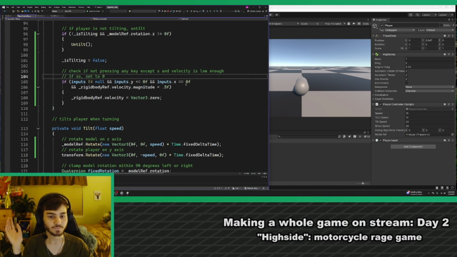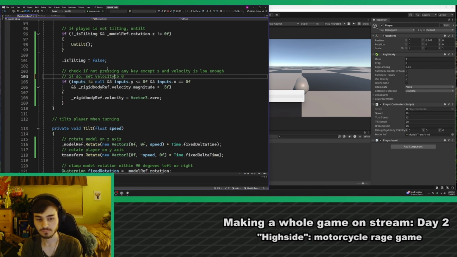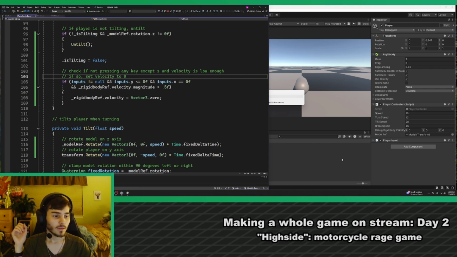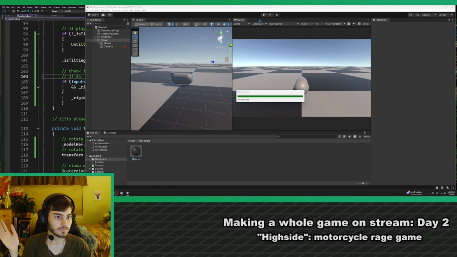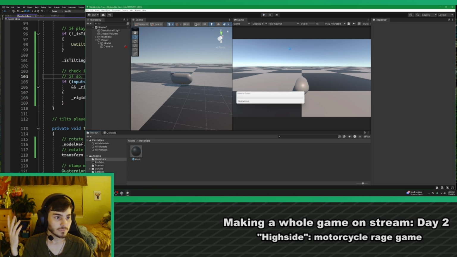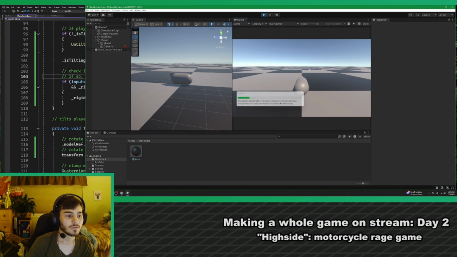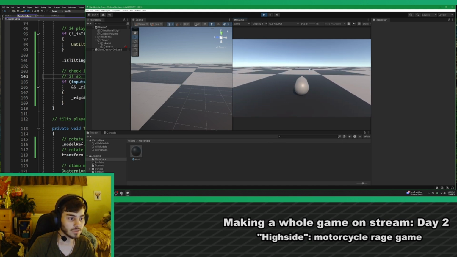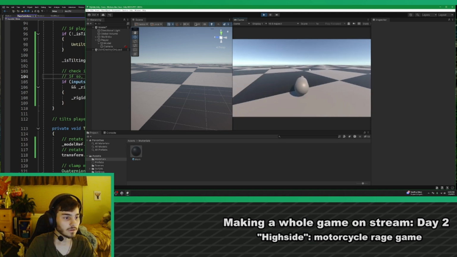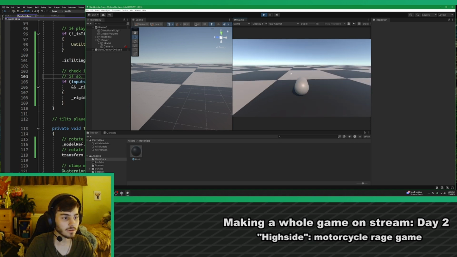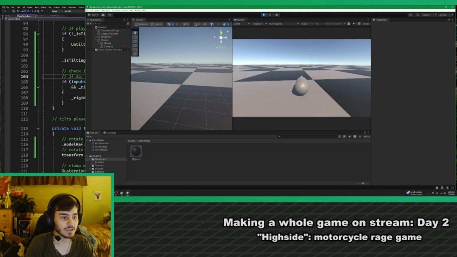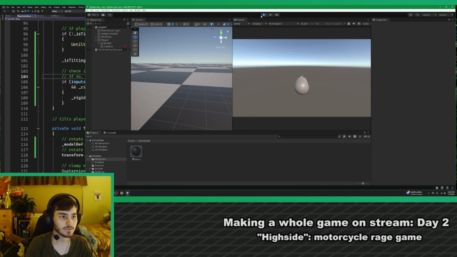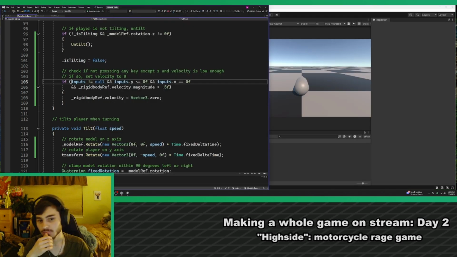So it's at 0. So theoretically, we can move, then we slow down, and going fast, brake, brake, brake. Oh, but we can still go backwards. Huh.